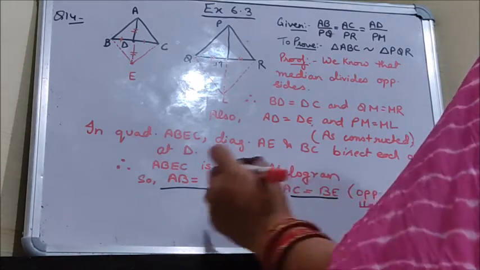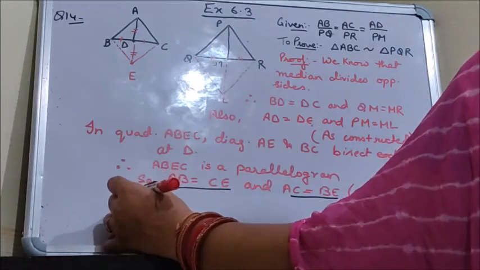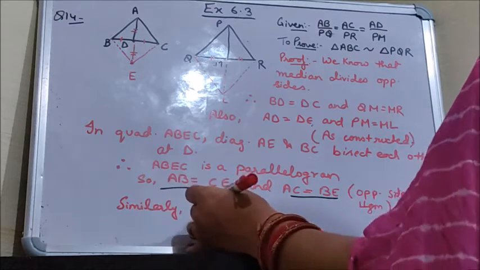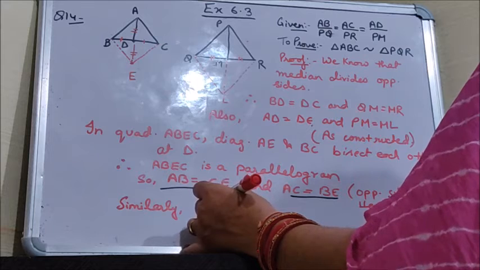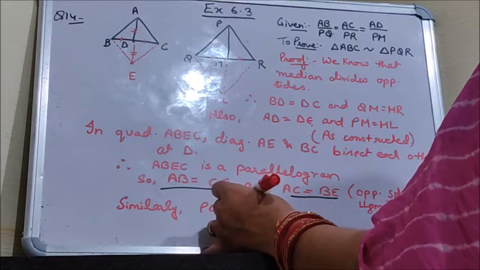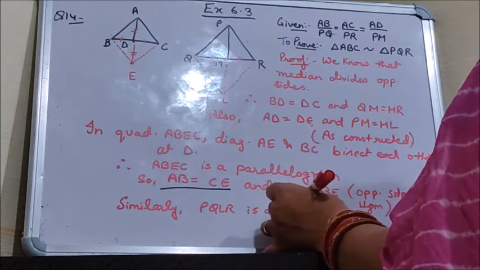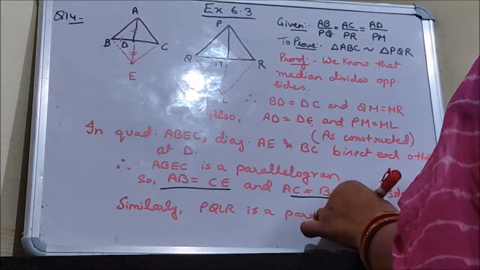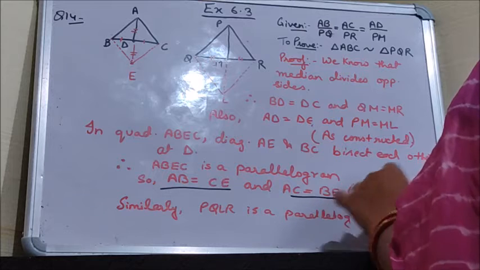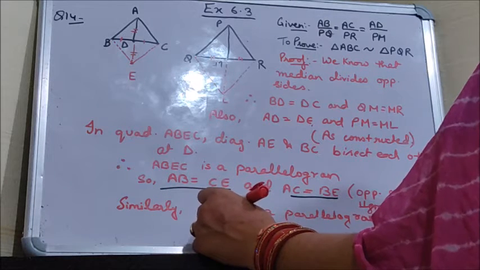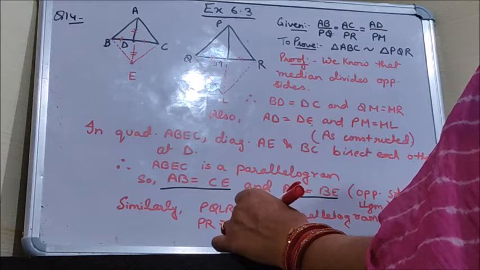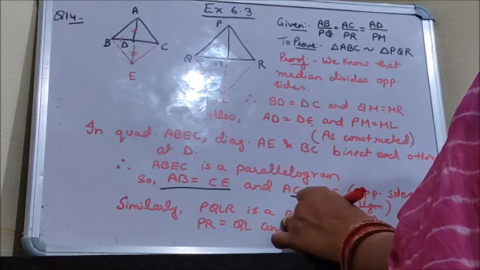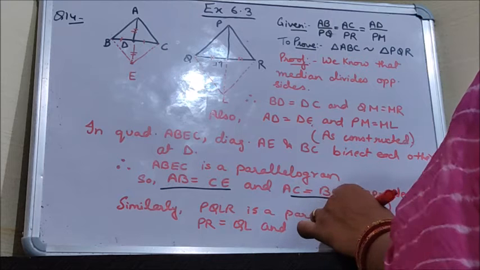And similarly, you can prove for this triangle that PQLR is a parallelogram, so PR is equal to QL and PQ is equal to LR.